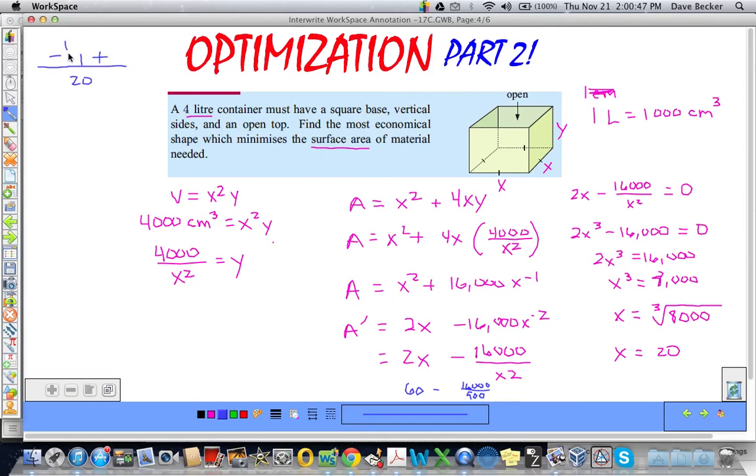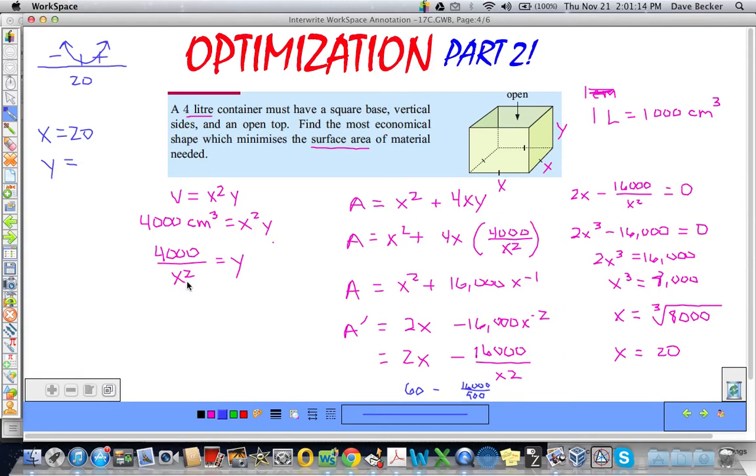Yes, nice. So we have found our value of x, and x represented the sides of the base of this container. So that means x equals 20, which means that y is equal to, let's see, here's an equation for y. Do we have anything better? Not really. So 4,000 over 20 squared is 4,000 over 400.